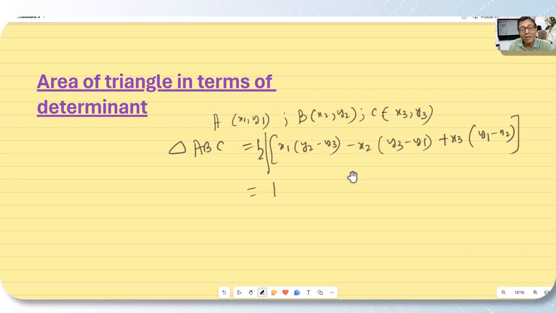This we have to write with the help of determinant. Can we write it this way? x1, y1, 1, x2, y2, 1.